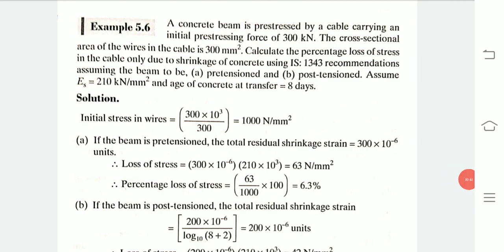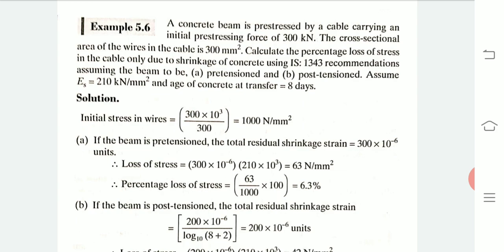Now let's discuss one more example in which we will consider shrinkage. The first two examples we have discussed were on elastic deformation. Let's discuss one more example where we will take shrinkage into account. The given example says that a concrete beam is pre-stressed by a cable carrying an initial pre-stressing force of 300 kilonewton. The cross-section area of the wires is 300 mm square.